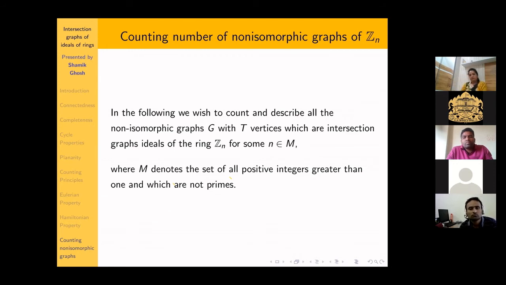They have considered almost all the results on intersection graphs of ideals of rings. I will show you the paper just after this one point that I want to tell you. There you will see a lot of results, a lot of extensions, and for arbitrary rings, a lot of variations of these graphs are done.